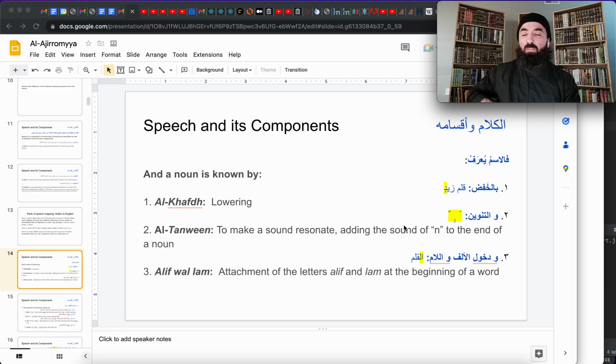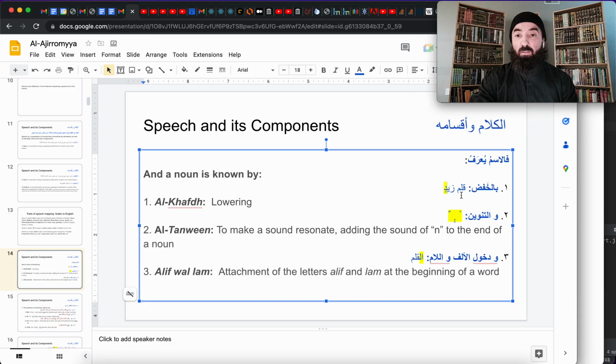And there are exceptions, but this is the default rule, that the diacritical mark goes below the last letter of a word. So if we see that the diacritical mark is at the bottom of the last letter of a word, that is a very good indicator that it is a noun. An example here is qalamu zaydin, the pen of Zayd.